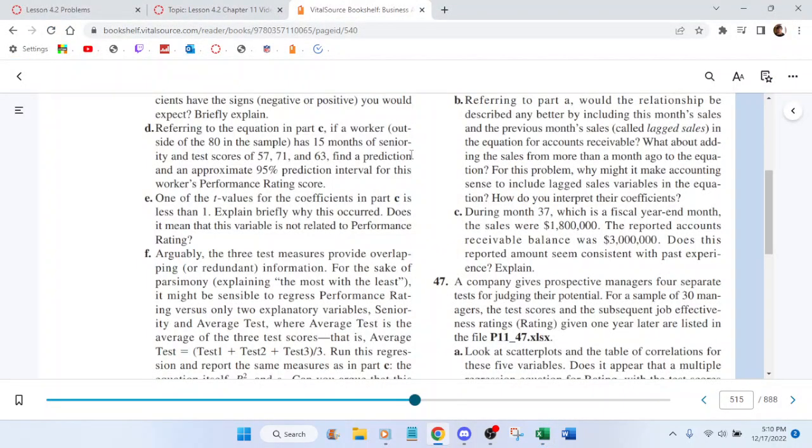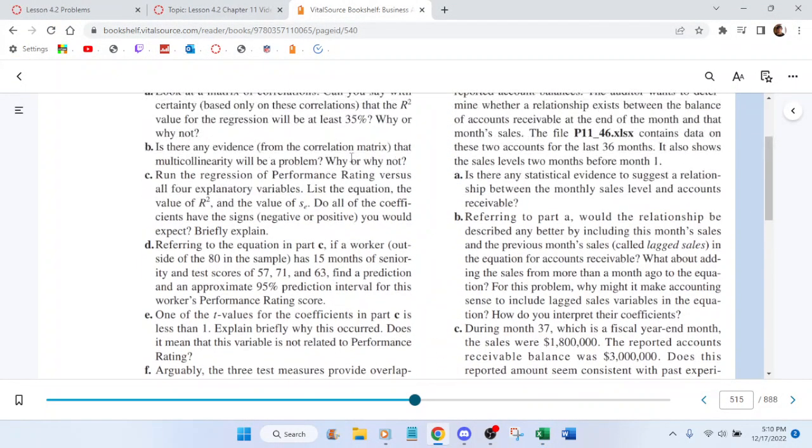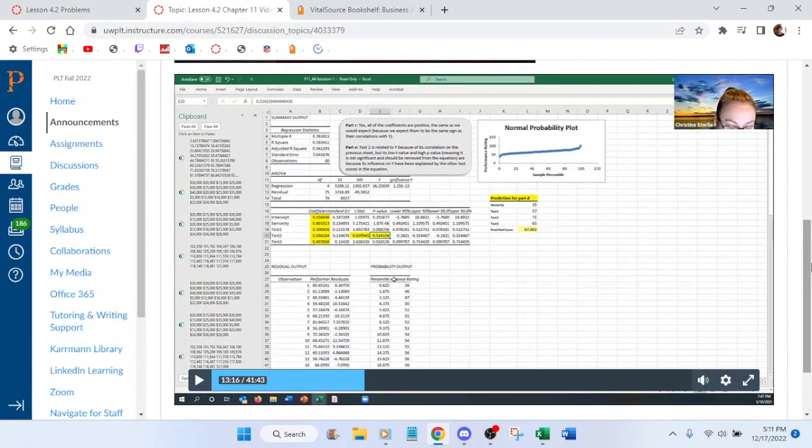I don't know. Where'd you even get that T value?